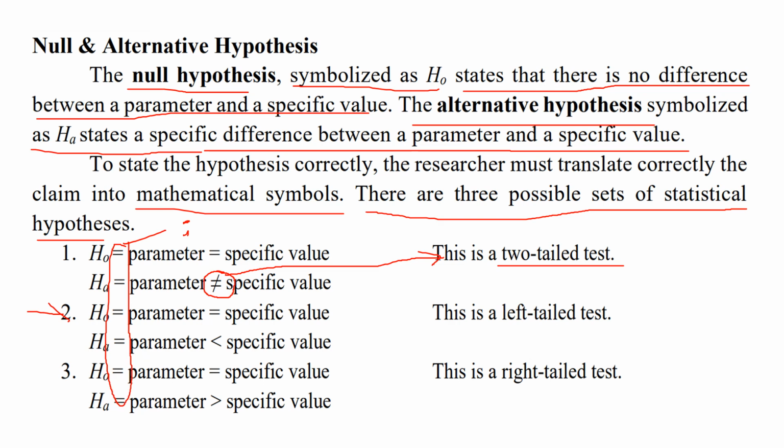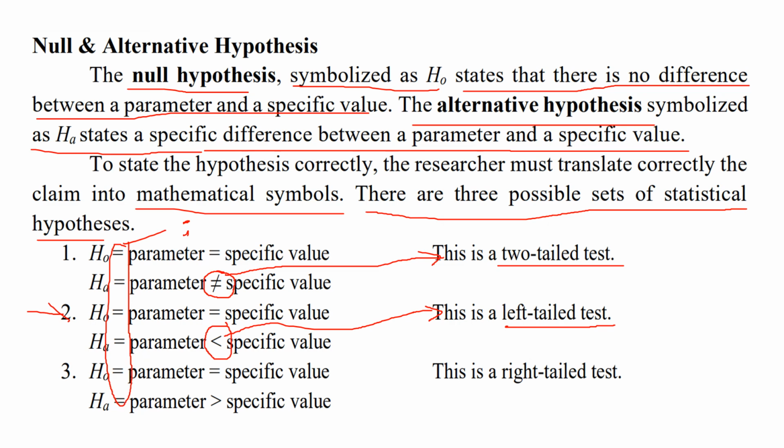Again, in your null hypothesis, we always assume or show that there is no significant difference, no? And we always show an equality between your parameter and specific value. Now, again, this left tail test will be dependent on the symbol in your alternative hypothesis. If this is less than, then it is a left tail test.